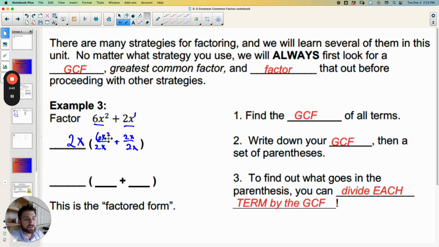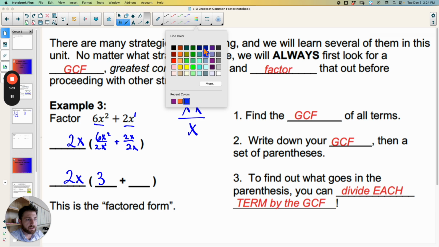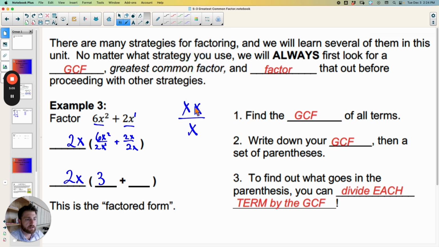Okay, so 6x squared divided by 2x, and 2x divided by 2x. 6 divided by 3... sorry, 6 divided by 2 is going to be 3, and x squared divided by x, you can think of this as 2 minus 1, or x times x over x, 2 of your x's cancel out, and you're left with x, so x would go next to the 3.